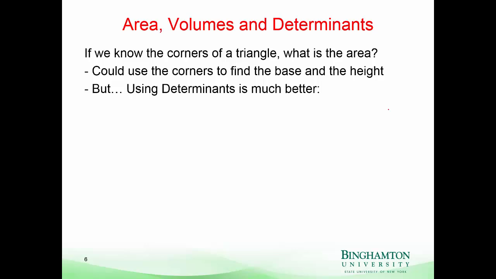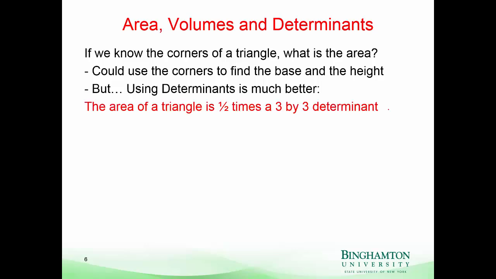But we can use determinants to figure this out, and in some sense this is a much slicker and better way to go about doing it. So we'll see here that the triangle is 1/2 times a 3 by 3 determinant.